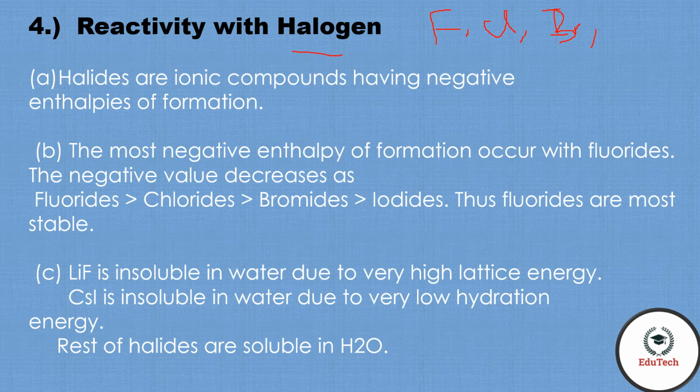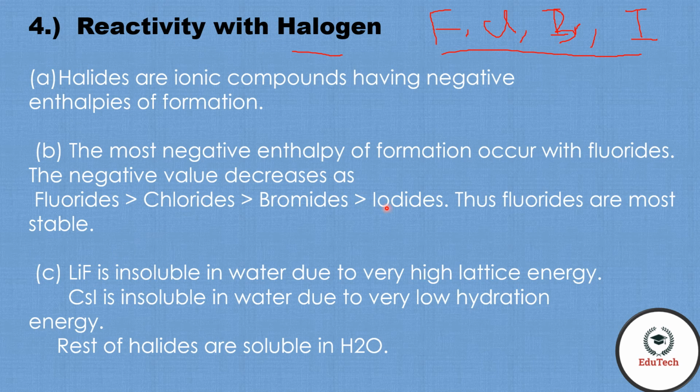Halides are ionic compounds that have negative enthalpies of formation, which means the alkali metals react with these halogens to form cations, and the halogens form anions.